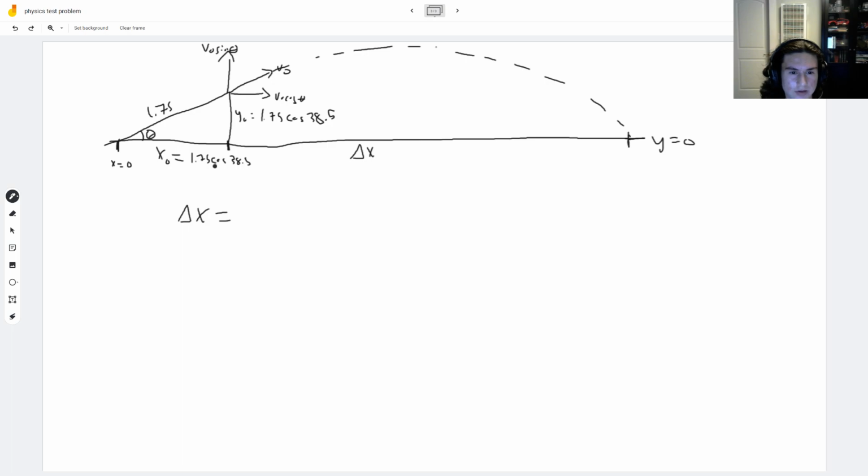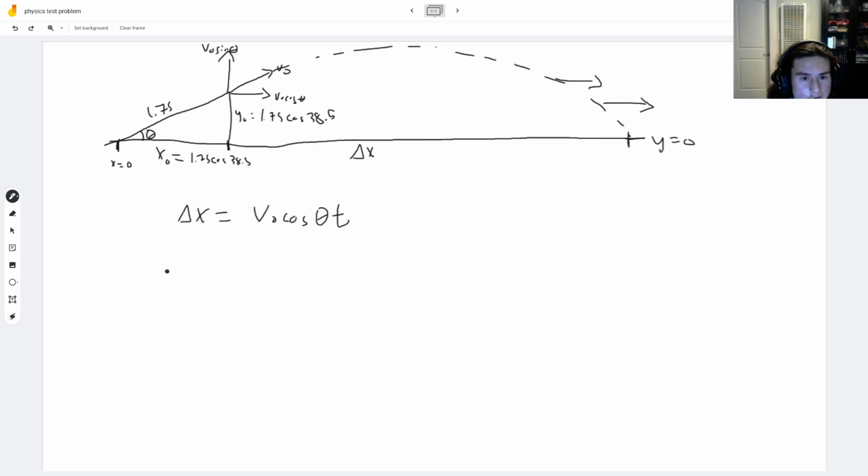So I'm going to say it is equal to the velocity in the cosine direction, because that's the x direction, theta times time. And because we're traveling in the x direction, it's not going to accelerate or decelerate at all. There's nothing pushing back on it like in the y direction, like gravity. So that gives us a pretty simple equation here. I'm going to see if this actually works to just solve for change in x.